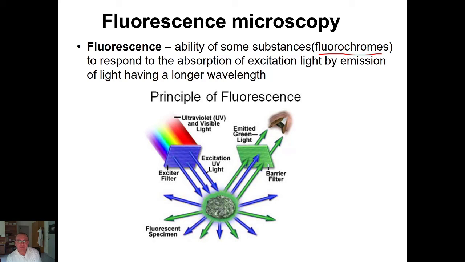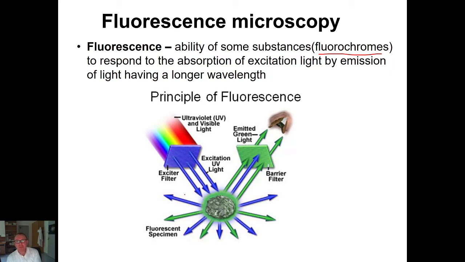The shortest wavelength is ultraviolet or violet light. The longest wavelength has the red line, and between are blue, green and yellow color. And so the color of the light of longer wavelength is different than the color of light with shorter wavelength, and this is the principle of fluorescence and fluorescence microscopy.